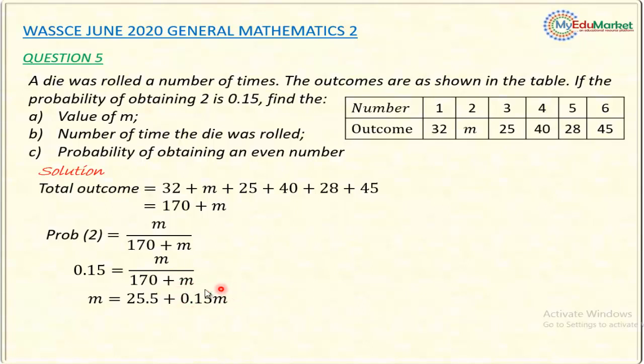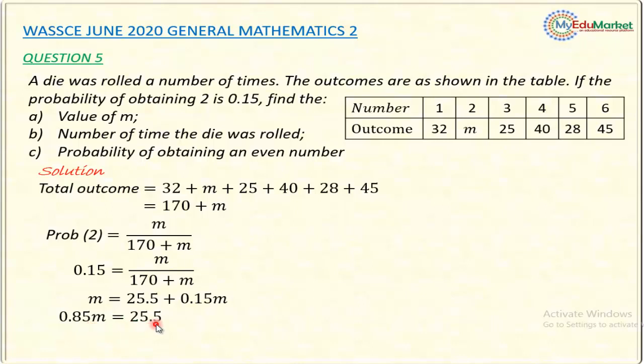This 0.15 M will be taken to the left hand side and becomes minus, so I have 1 M minus 0.15 M. That will leave us with 0.85 M equals 25.5.